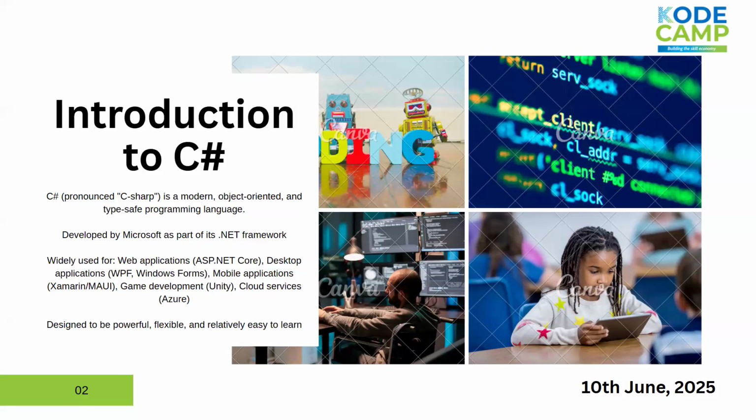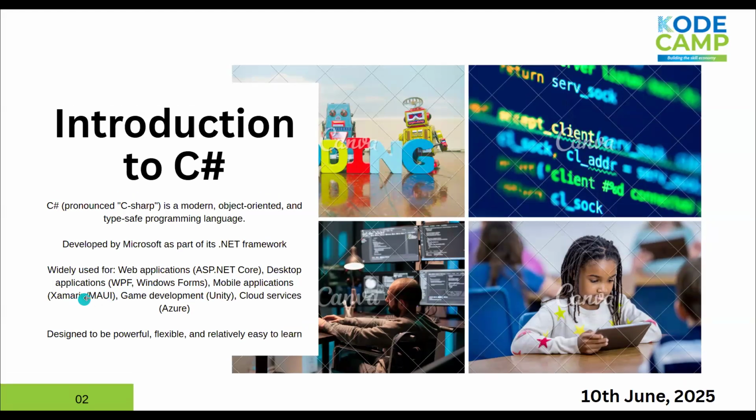You can use it to build dynamic websites, like using the ASP.NET project type that I showed you in our last class. Then for creating traditional desktop applications. Then for developing mobile apps for both iOS and Android, you can actually use C Sharp for that with the help of Xamarin or Maui.